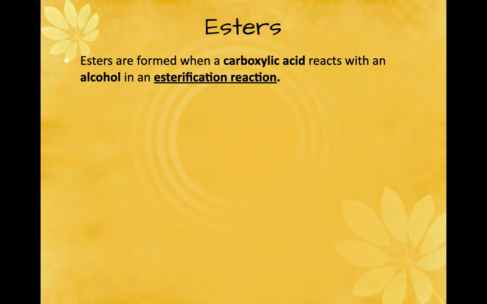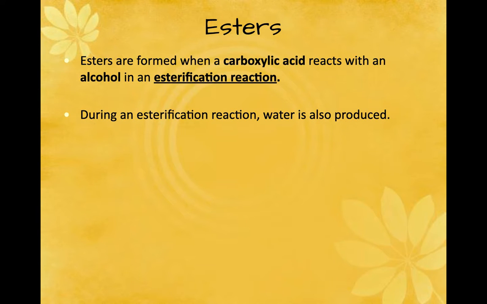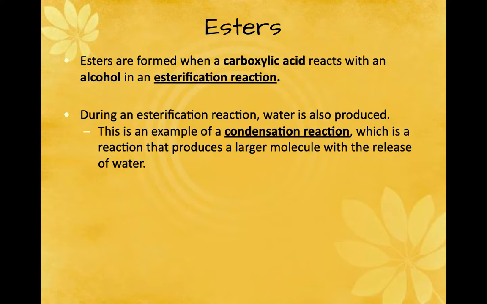Esters are formed when a carboxylic acid reacts with an alcohol in what's called an esterification reaction. And during this type of reaction, water is also produced. So esterifications are an example of a condensation reaction, which is a reaction that produces a larger molecule at the same time as it releases water.